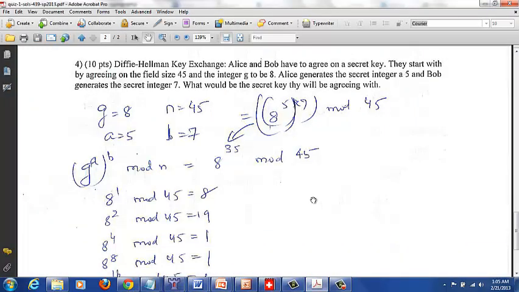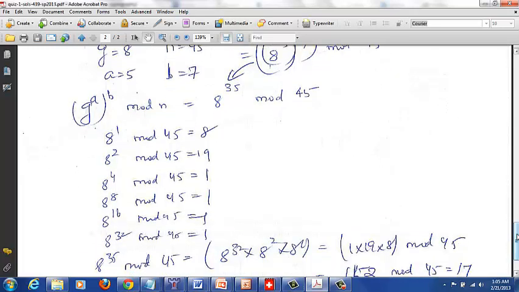We want to compute 8 raised to 5 and then the whole thing raised to 7 mod n, which is 8 raised to 35 mod n. So for 35, what we are going to do is compute 8 to the power 1, 2, 4, 8, 16 up to 32.